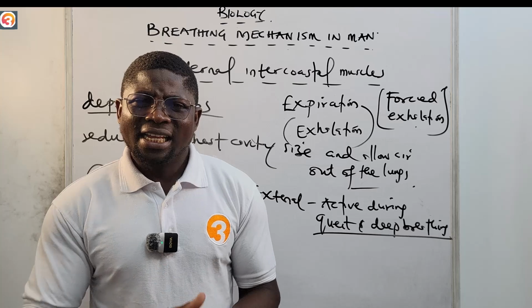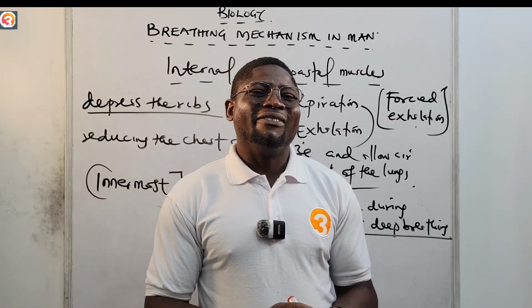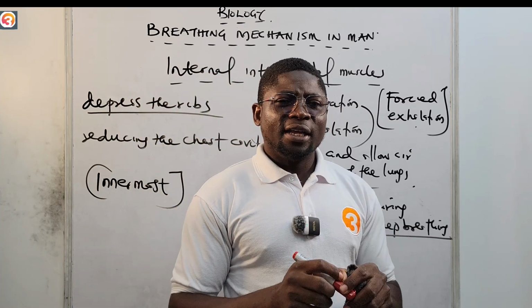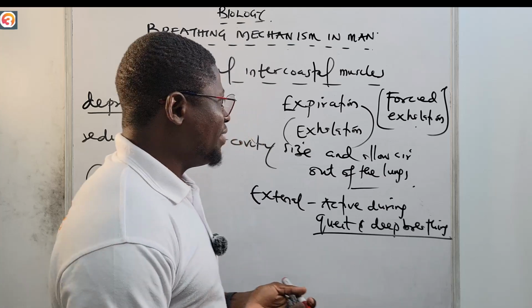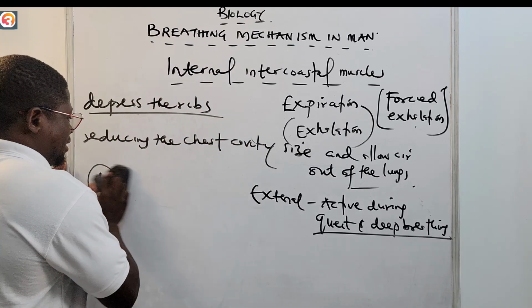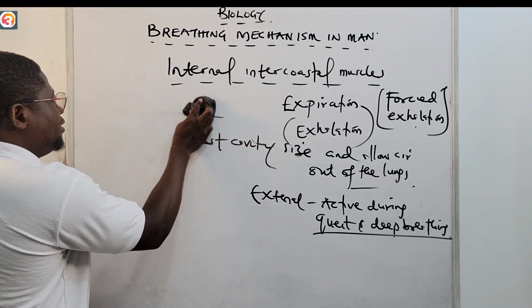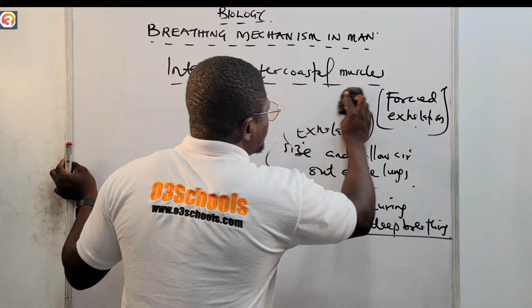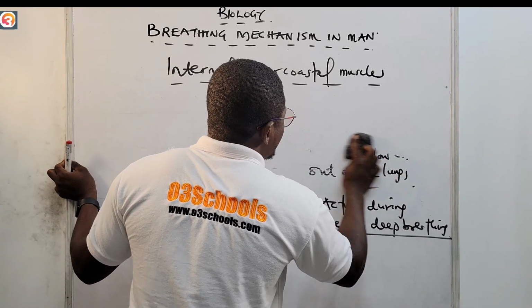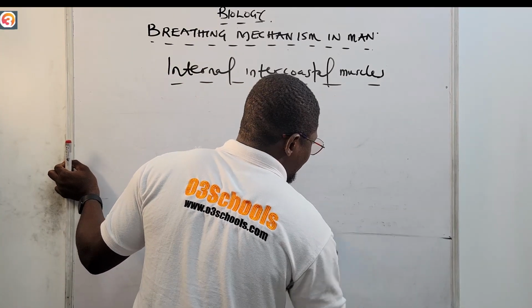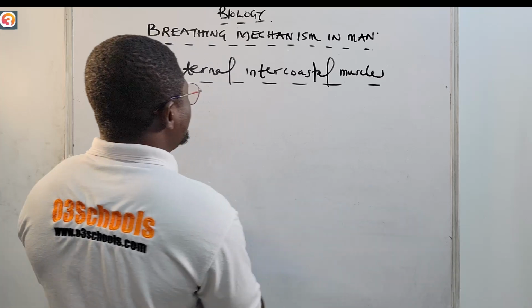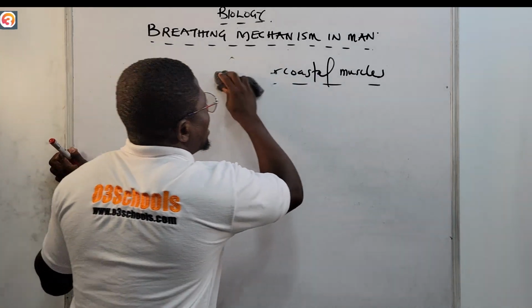And for us to be able to breathe very well, there are two parts of our body that are very, very important, and those two parts are: one, the rib cage, and two, the diaphragm.